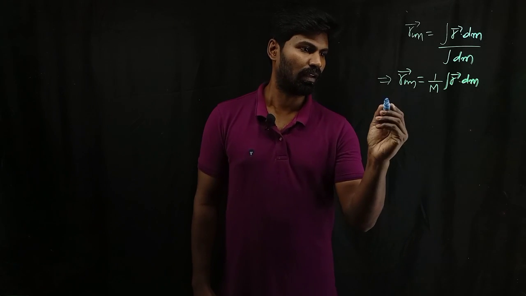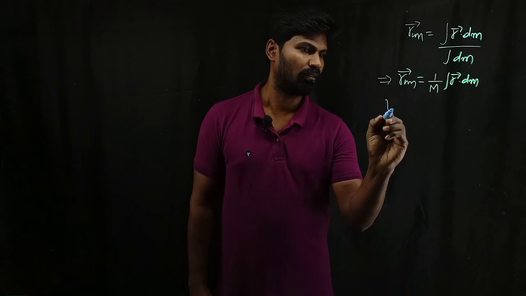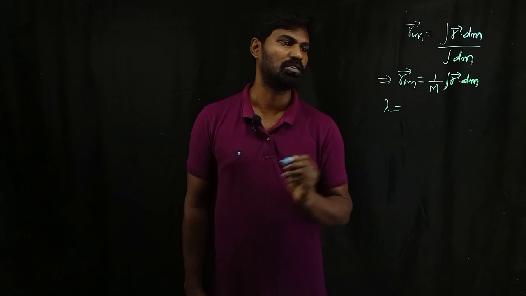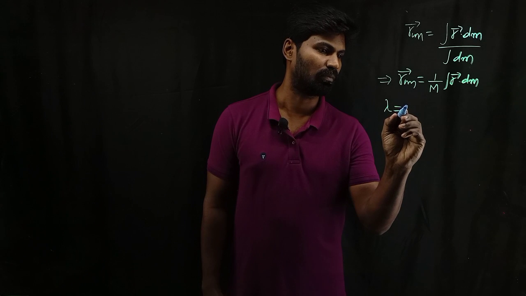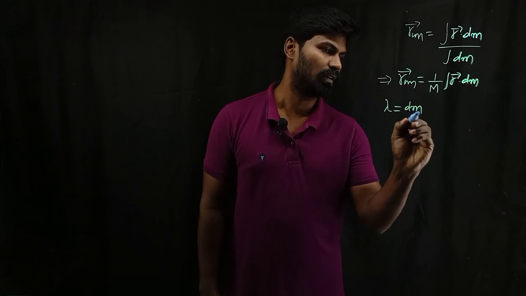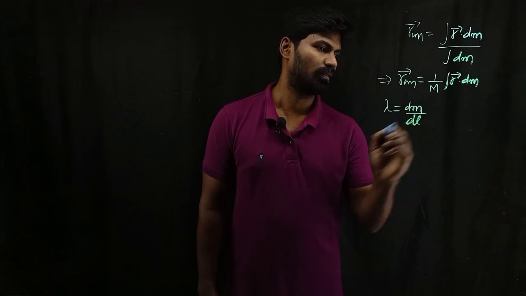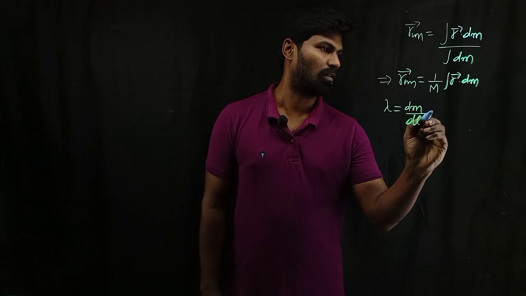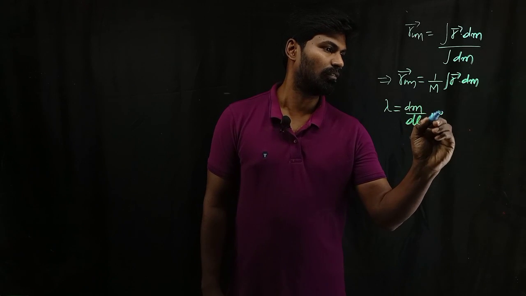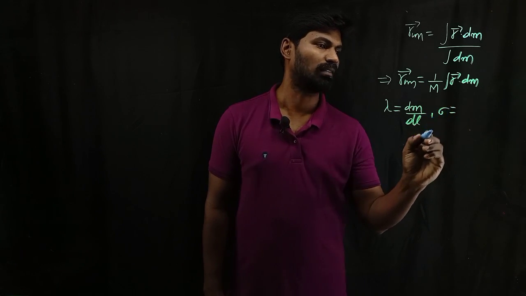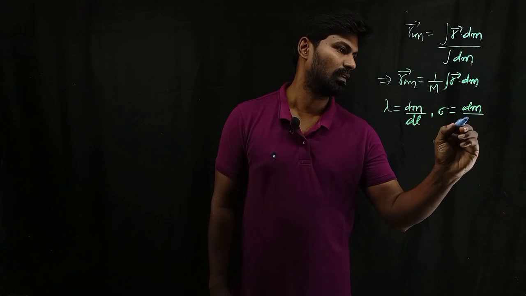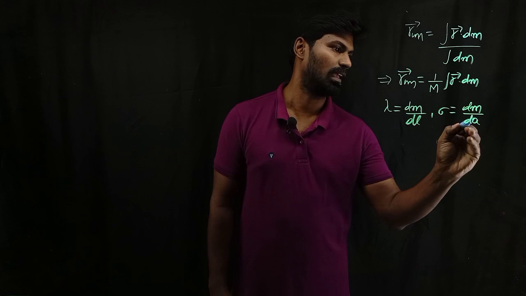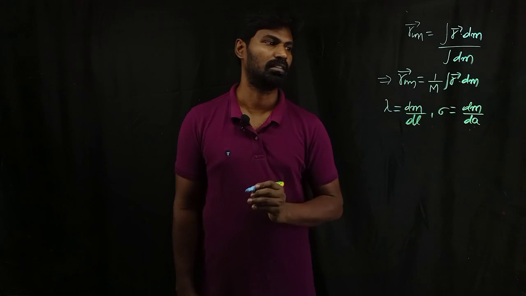For a one-dimensional body, I call it lambda. The distribution of mass is represented by a function lambda, which we call mass per unit length, dm divided by dl. For a two-dimensional body, we define sigma, how mass is distributed with area, dm divided by dA, where A is called the area element and L is called the length element.